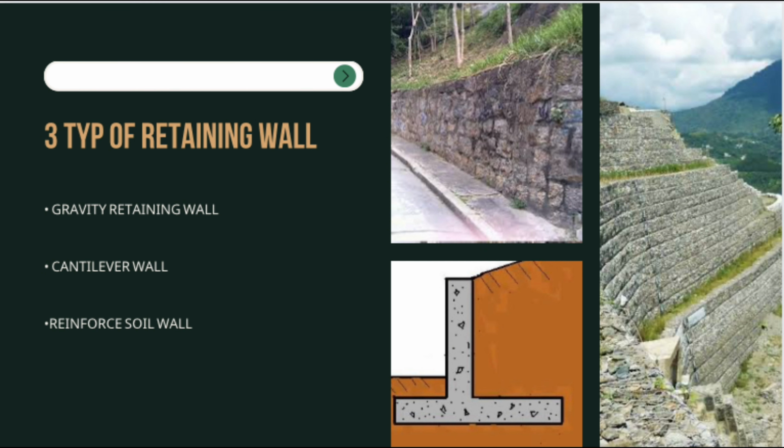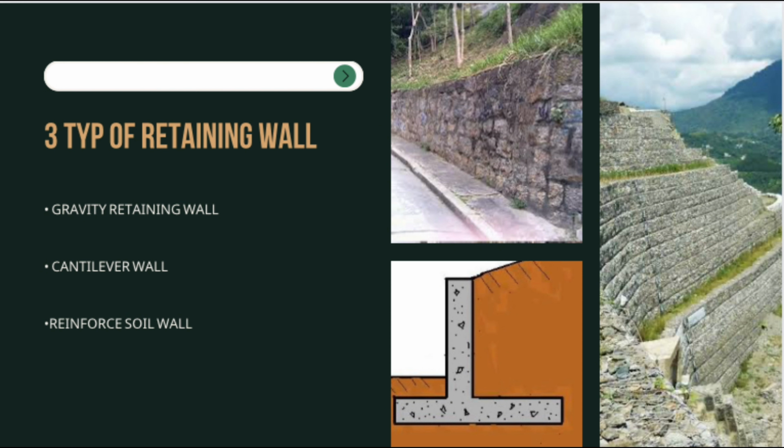So the cantilever wall, guys, is L-shaped or T-shaped, like a stem or a root. Look at the second picture, guys, that is what a cantilever wall looks like, like a root with an L or T shape to make your retaining wall more durable.